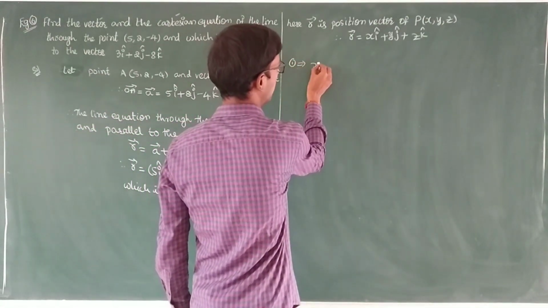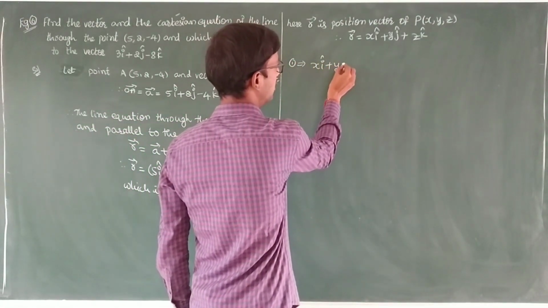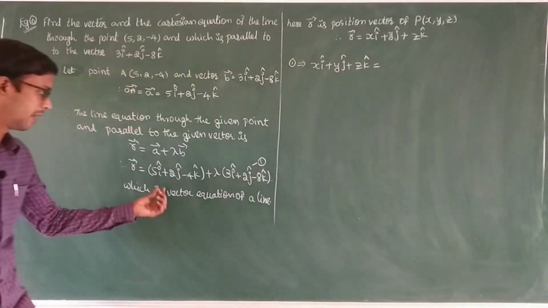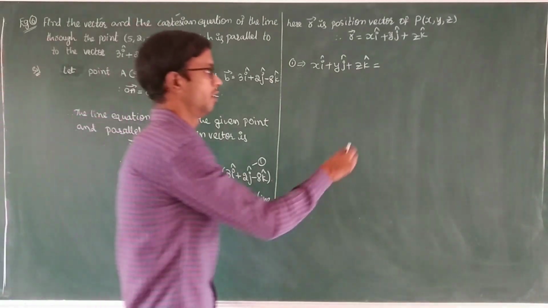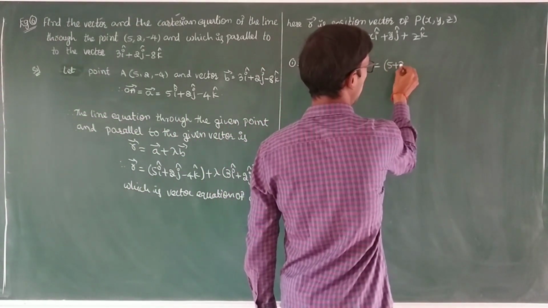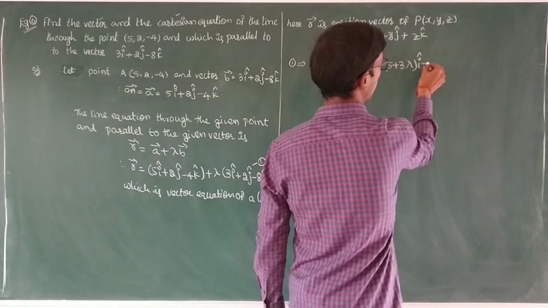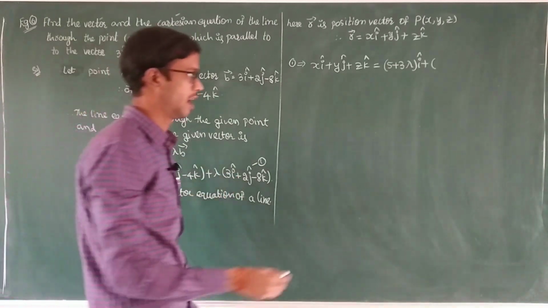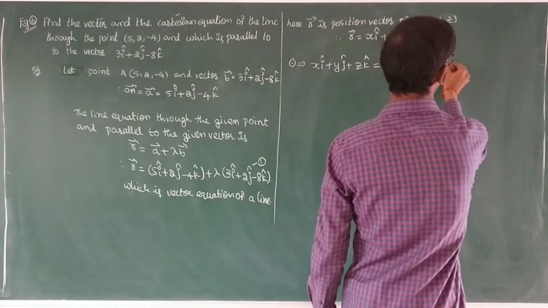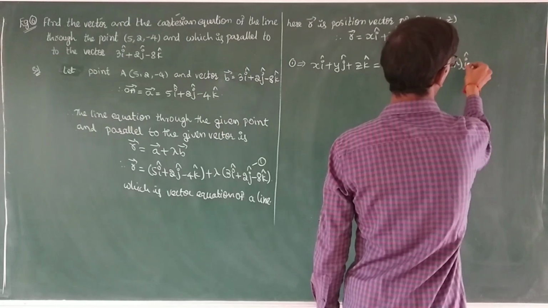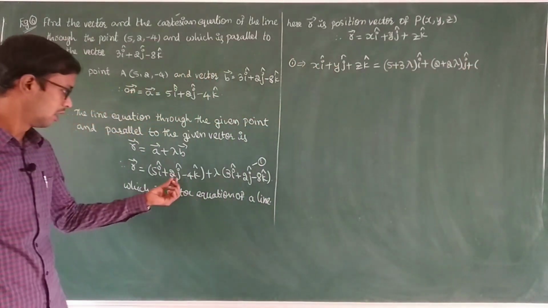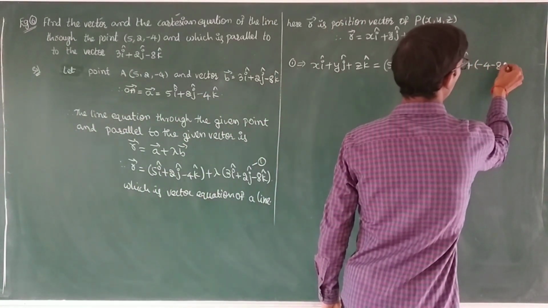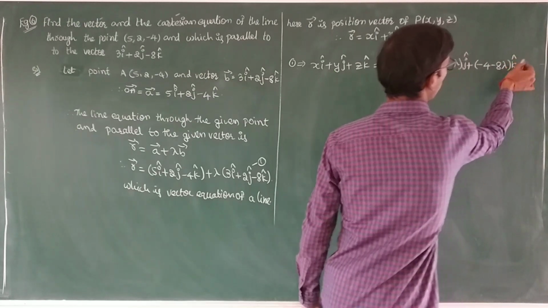Equation 1 implies x i cap plus y j cap plus z k cap is equal to, taking i common, 5 plus 3 lambda i cap plus 2 plus 2 lambda j cap plus minus 4 minus 8 lambda k cap.